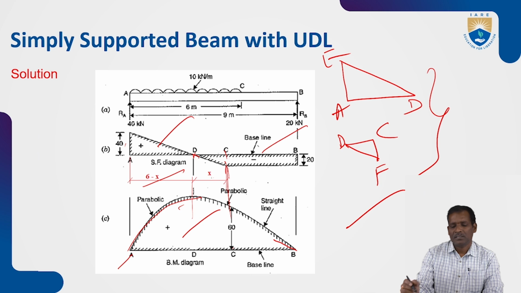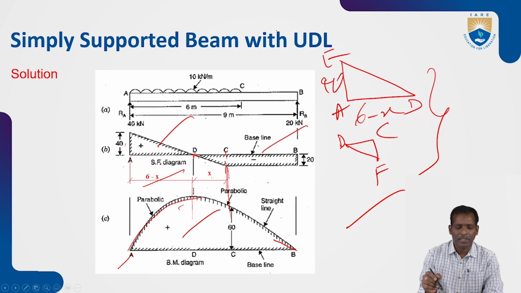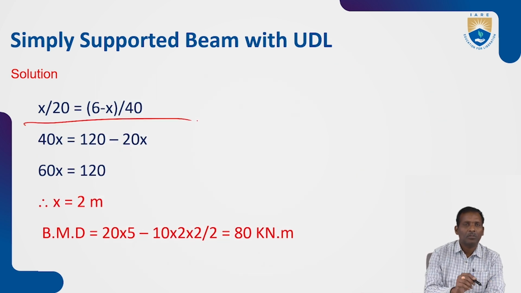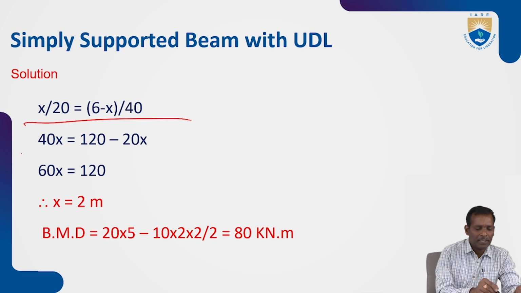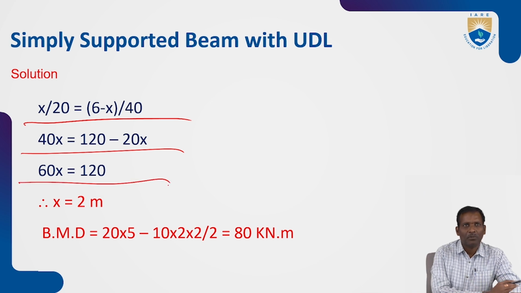Compare these two similar triangles. AD is 6 minus X and AE is 40, and this one is 20 and X. So 40x is equal to 120 minus 20x, and 60x is equal to 120.